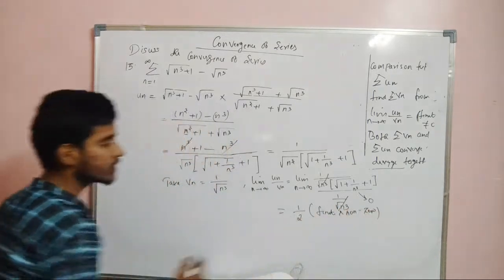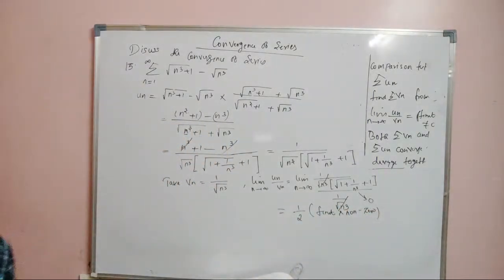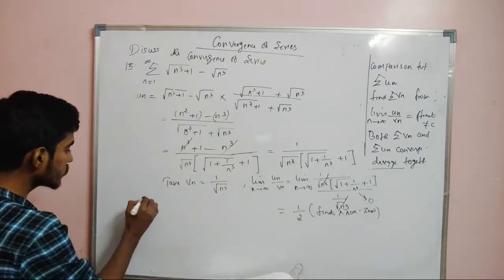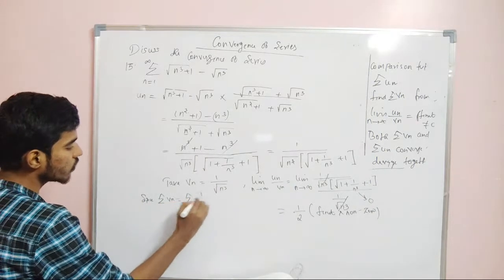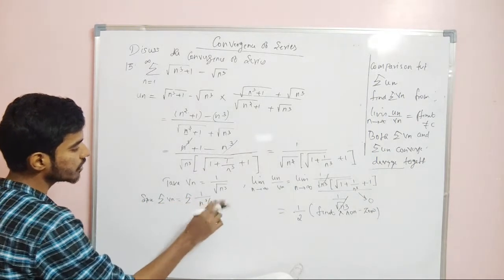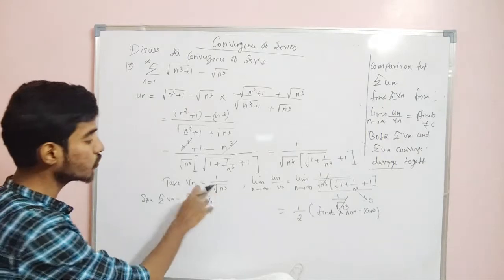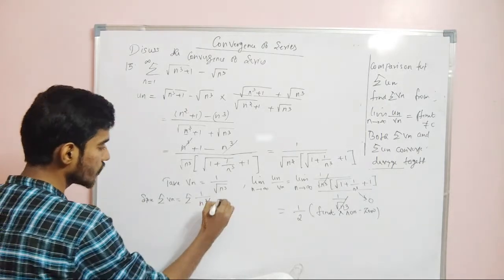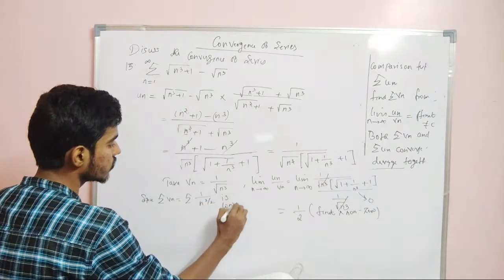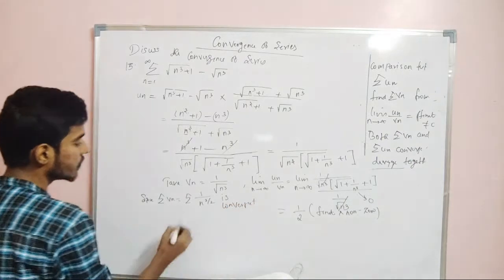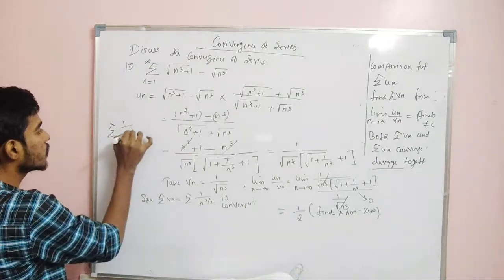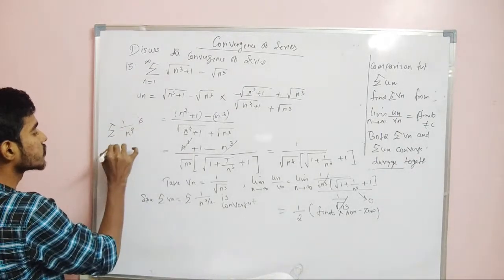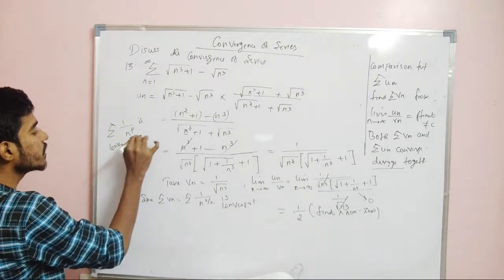So by comparison test, both un and bn behave alike. Since summation bn, what is summation bn? It is 1 by square root of n cube, which is 1 by n power 3 by 2, and this is convergent. Why? Because we know that summation 1 by n power p is convergent if p is strictly greater than 1.